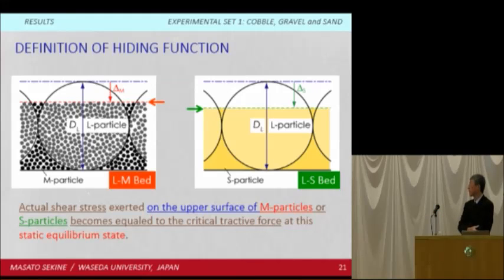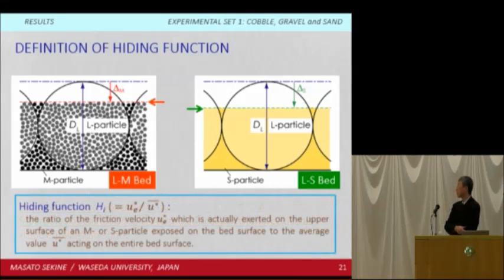Actual shear stress exerted on the upper surface of M particles or S particles becomes equal to the critical attractive force at the static equilibrium state. So the hiding function HI is defined as the ratio of the friction velocity U star E, which is actually exerted on the upper surface of each, to the average value U star bar acting on the entire bed surface.